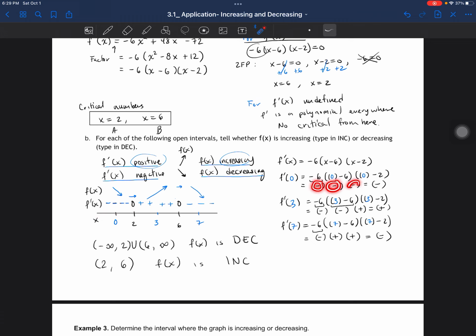So no matter what number you pick on this side, you would have gotten the same outcome: negative, negative, negative. It means the same thing here. If you had chosen, for example, 4, you would have gotten the same outcome: negative, negative, positive. So it doesn't matter what number you choose. It could be a decimal, it could be any number. As long as it is between 2 and 6, you will get the same outcome.